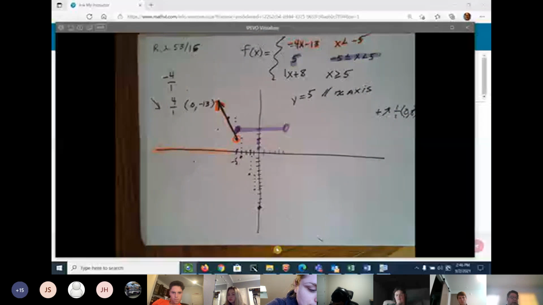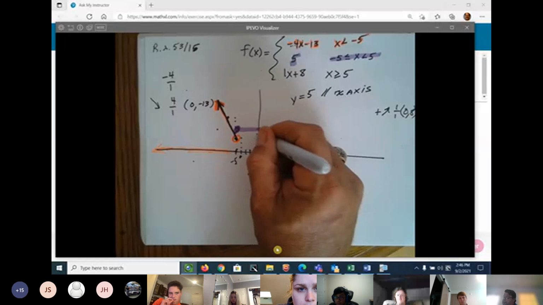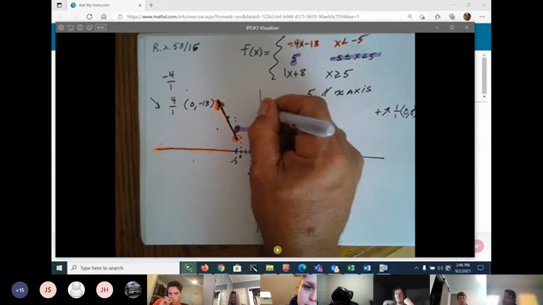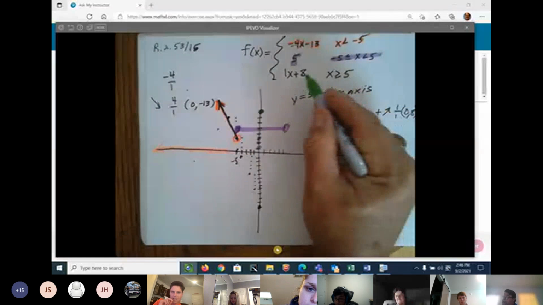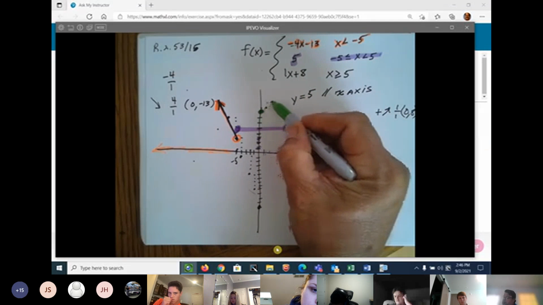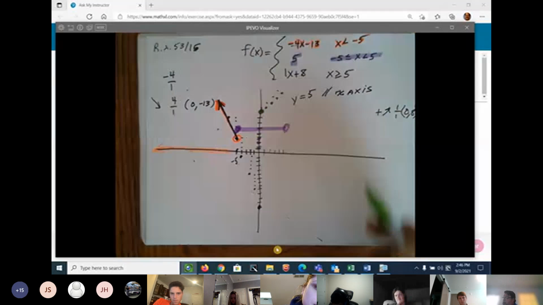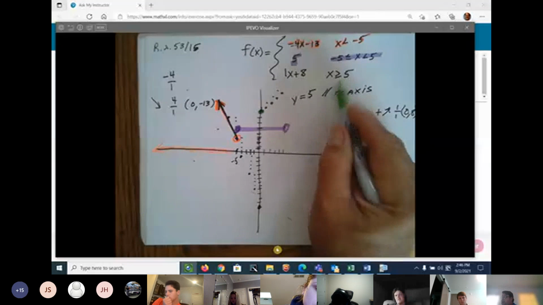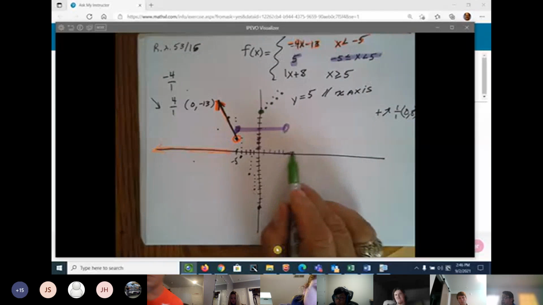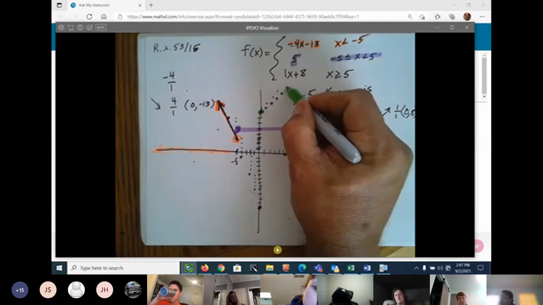And then let's go with green. This is positive 8: 1, 2, 3, 4, 5, 6, 7, 8. We've got a positive slope, 1 to 1, 45-degree angle. But we can only use x greater than or equal to 5, so we can only use these numbers, 1 to 1, 1 to 1.